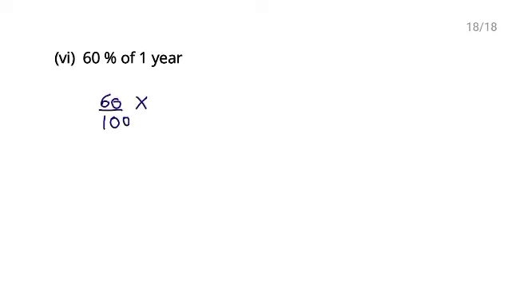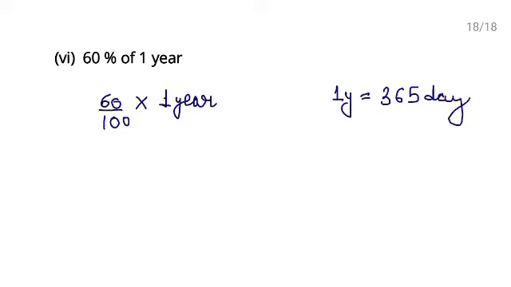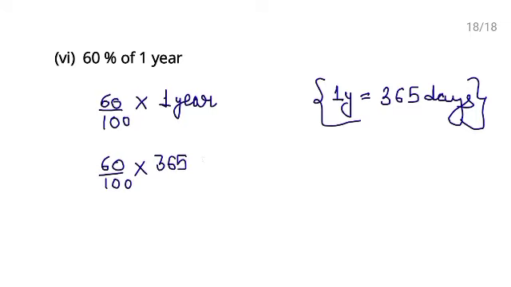Of means multiply 1 year. Okay, now you know that 1 year is equals to 365 days. So put it here, 60 upon 100 multiply, in place of 1 year we will write here 365 days.